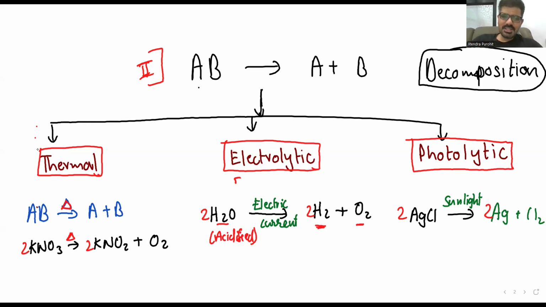So decomposition which is done by passing electric current is known as electrolytic decomposition. Clear? Decomposition by heating we call thermal decomposition. Decomposition which takes place by passing sunlight is known as photolytic decomposition. Clear? Okay, sir. Thank you.